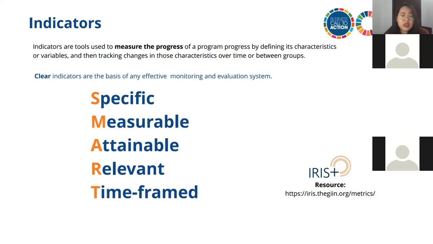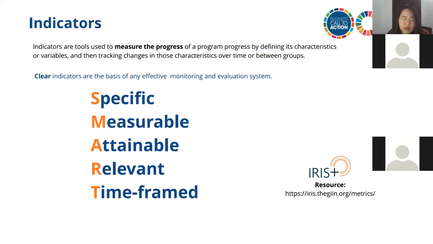It is needed to have an effective monitoring and evaluation system. The SMART framework is a useful way to identify quality indicators, all right? So it stands for specific, measurable, attainable, relevant, time-framed, okay? It's not one word, I mean one phrase. Okay.